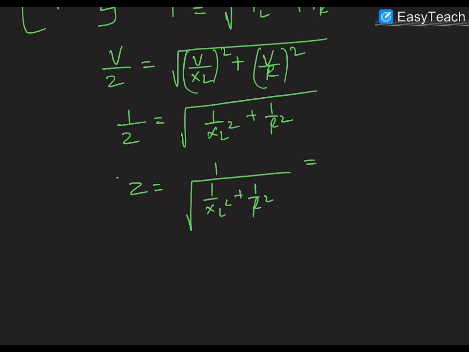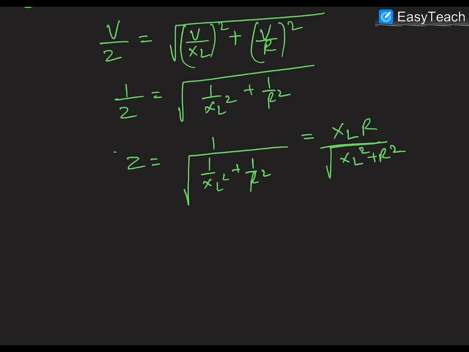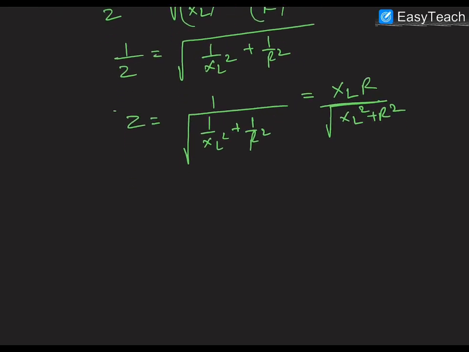Hence, it can be written as XL R upon under root of XL square plus R square. This is Z. And we know how we should treat Z in writing down the currents. So current will be I is equal to I naught sine omega t plus minus phi.